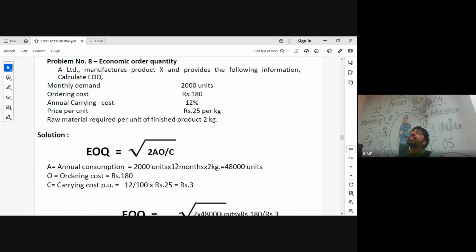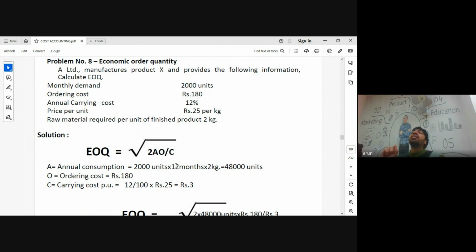So how to calculate the annual consumption of raw material? It's given in the question. 2000 into 2 kg into 12 months, you will get 48,000 units. Why have we taken the 2 kg in calculating the annual consumption?